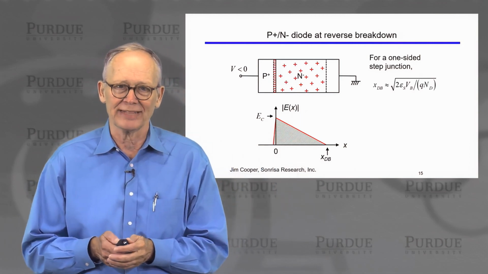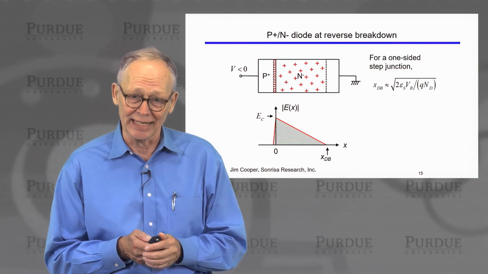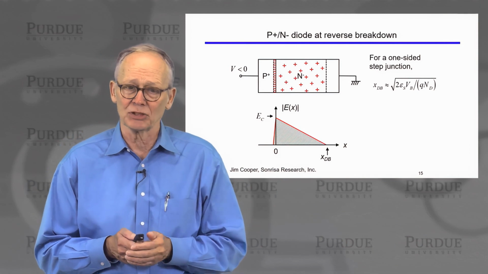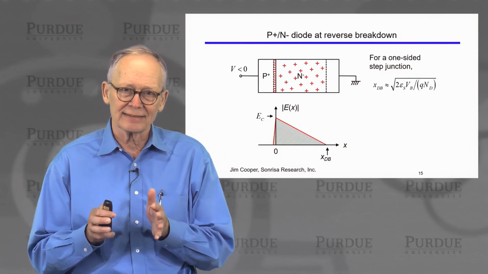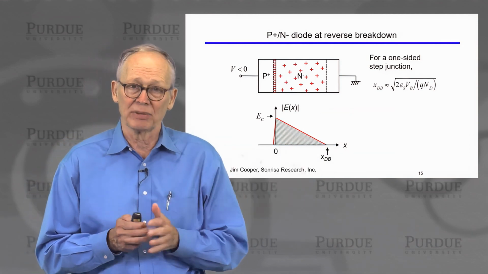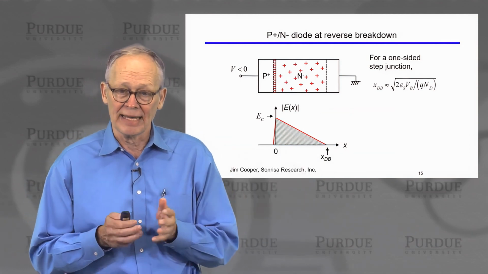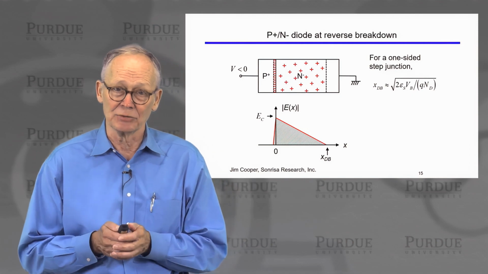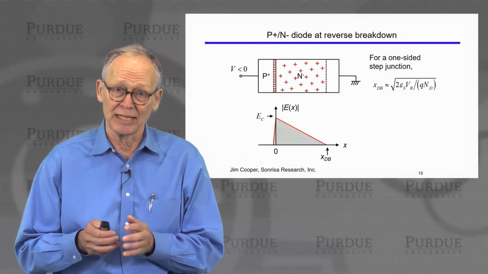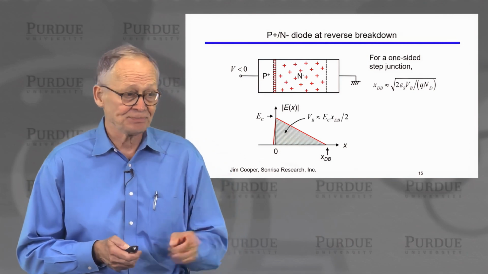That won't always be the case, but it's simplest to analyze, so let's do that. We have derived depletion layer formulas before, so we know how to relate the thickness of that depletion layer in the N region to the voltage that we apply across that N region and to the doping density of that N region. The voltage that we're going to apply is the breakdown voltage. We want to know how high that breakdown voltage is.